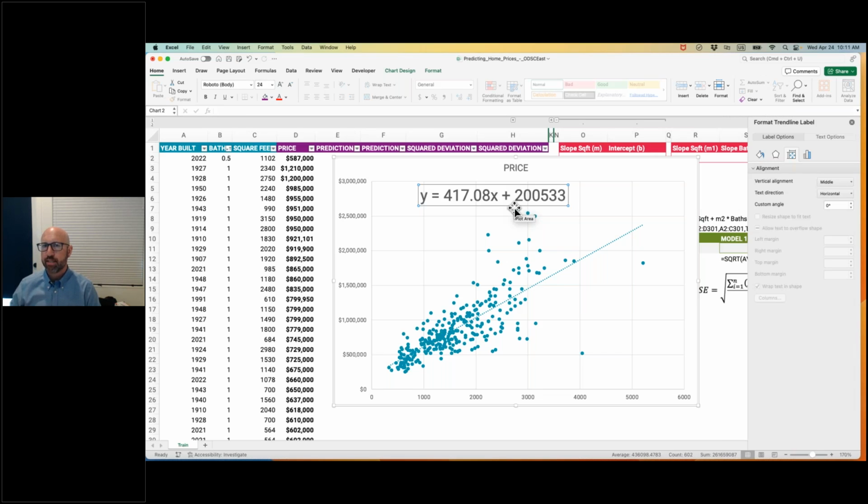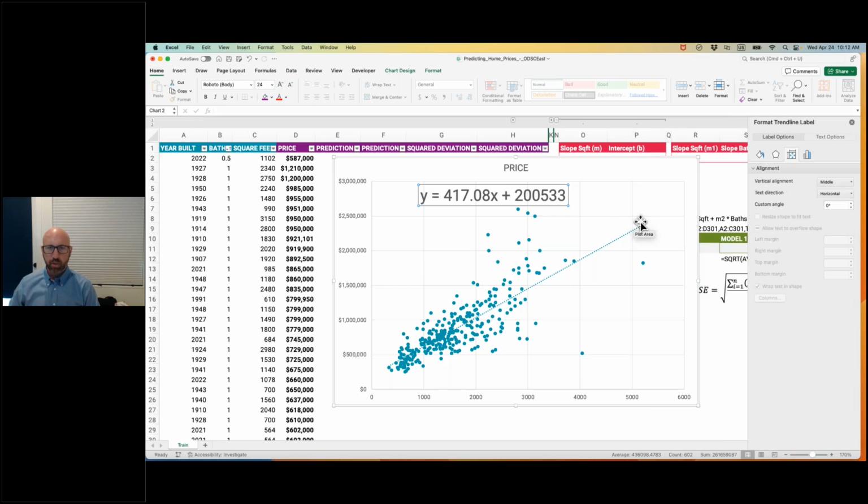What that means is this model doesn't work for everything. For a 0 square foot property, you're not going to be able to sell that for $200,000. If not, we would all be very, very rich. But for properties that, for example, our smallest one is about 300 square feet, this model starts making some sense, and we can start making predictions and so on.